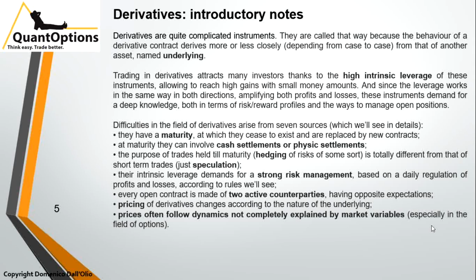Later on, we will see how prices of futures are made, and we will see that, just to say, a commodity futures price is much different from a stock futures price or a stock index price, because the rules that decide the price of each single contract are very different from case to case. Prices often follow dynamics not completely explained by market variables, and this happens especially in the field of options, as we will see.